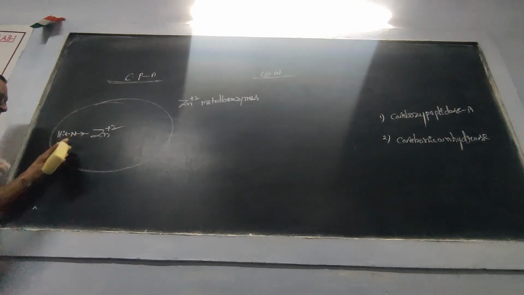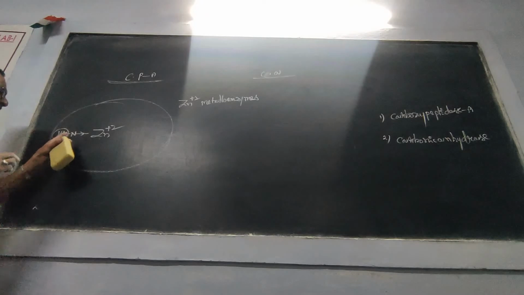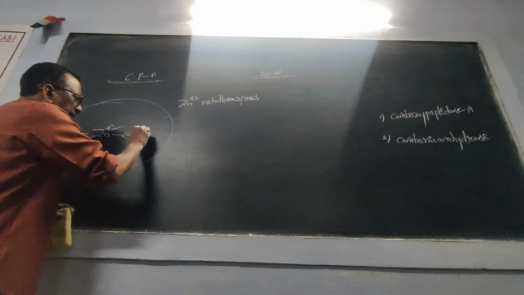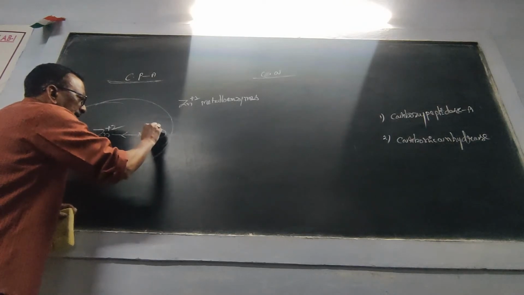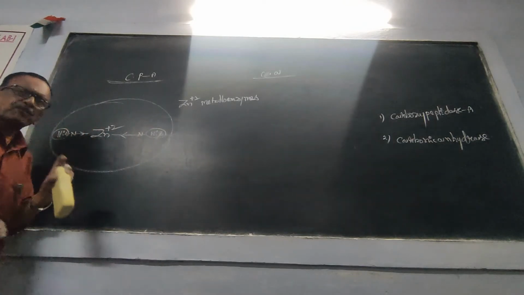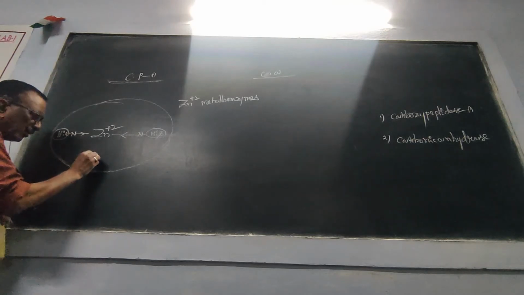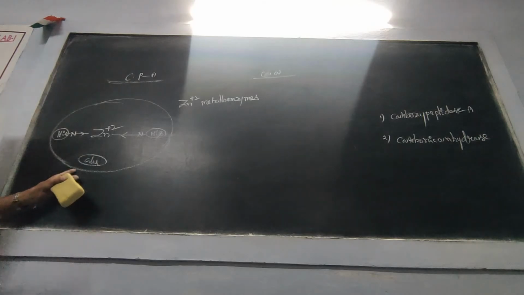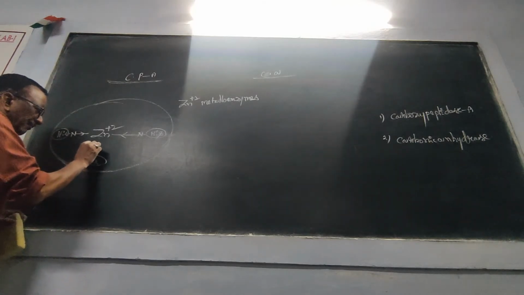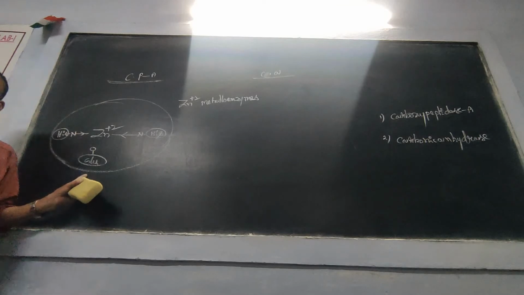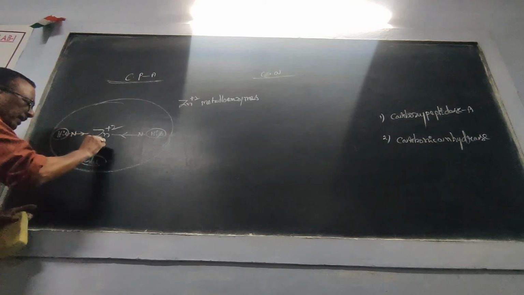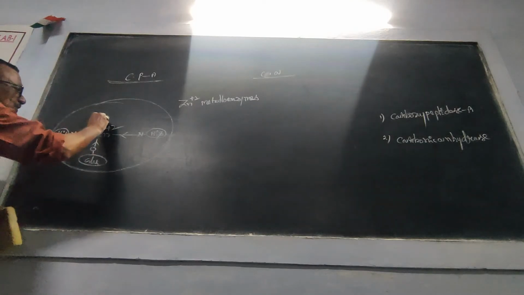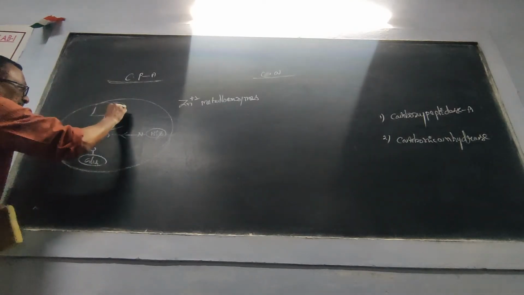So this is histidine, N is the donor atom. On the other side also, N, and this will be histidine. And next we have here glutamine, another amino acid, and it has oxygen as the donor atom, and it is giving a pair of electrons to this zinc metal. And the fourth one, this is EM.